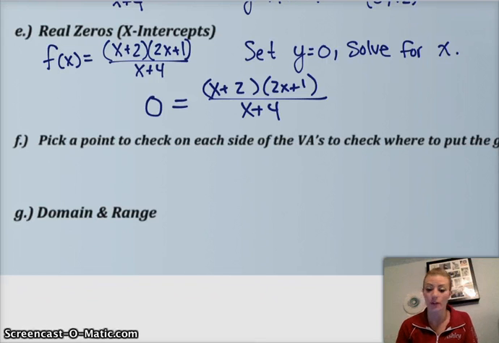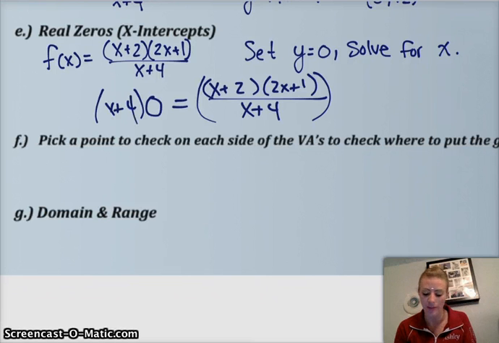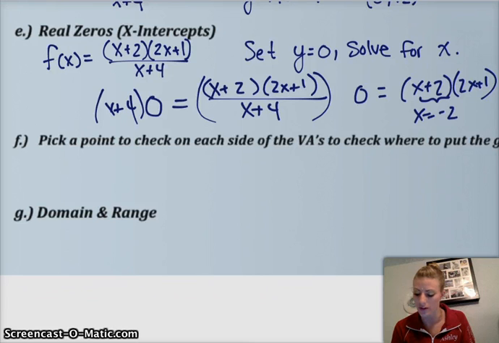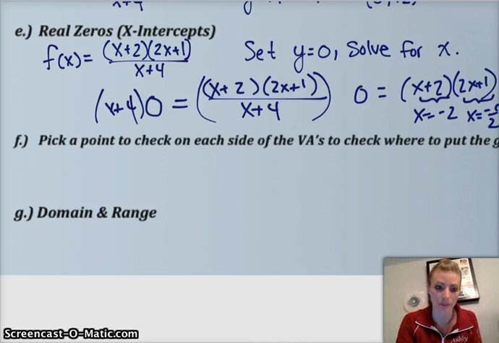And to solve for x, we can multiply both sides by x plus 4, right? And then we get 0 times x plus 4 is just 0. We get 0 equals (x plus 2)(2x plus 1), which is equal to 0 whenever x is negative 2 and x is negative 1/2. So those are my two x-intercepts.